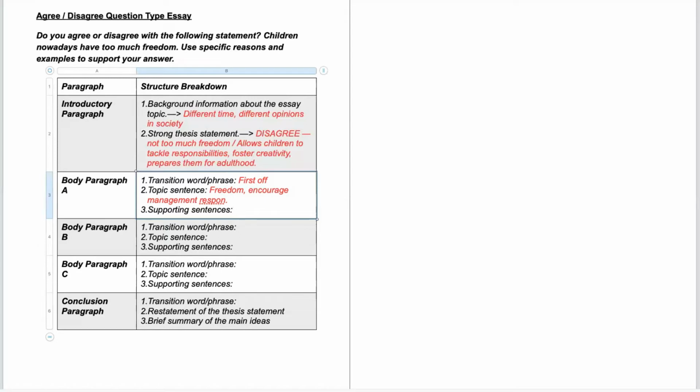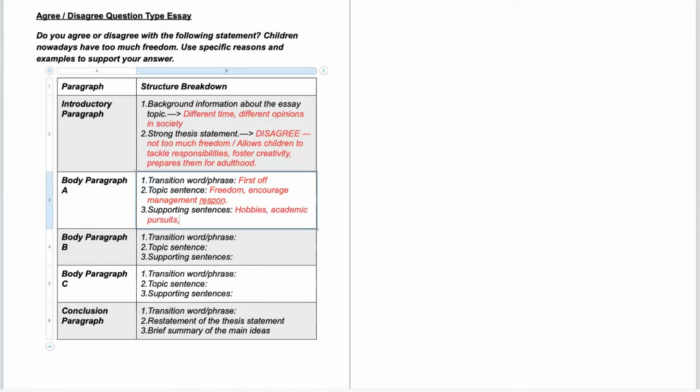So a couple of examples and explanations I'm going to use are this. I'm going to talk about hobbies and academic pursuits and extracurricular activities. I'm going to talk all about these extra things and all of these responsibilities.